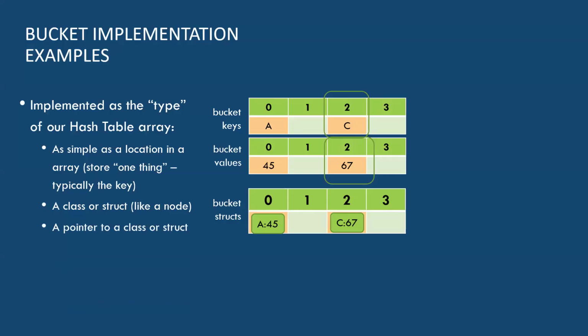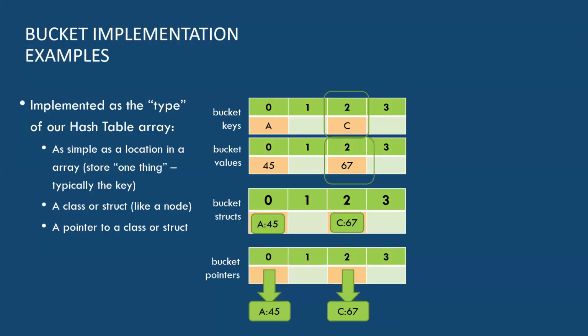And that's not bad. Or we could go one step further and say, well, let's just store a pointer in the bucket position that points to the node. Okay, and this is getting to be a little closer to what we were doing with our binary search trees, right? We've got a node, and then we've got a pointer, and we just store the pointer in the array.